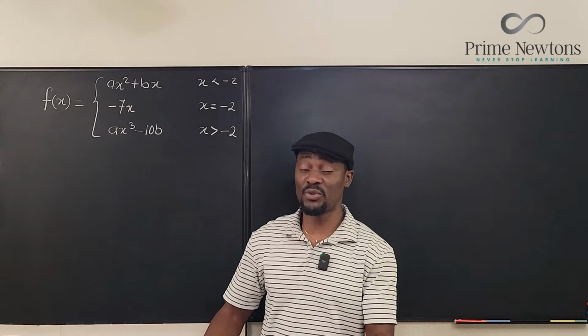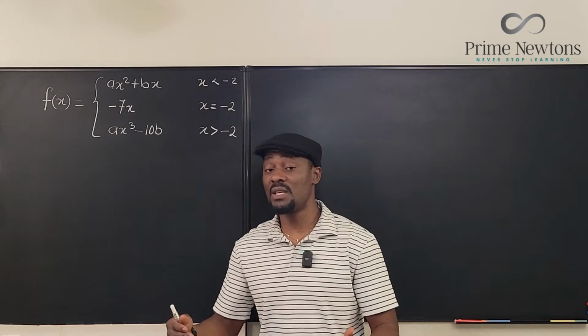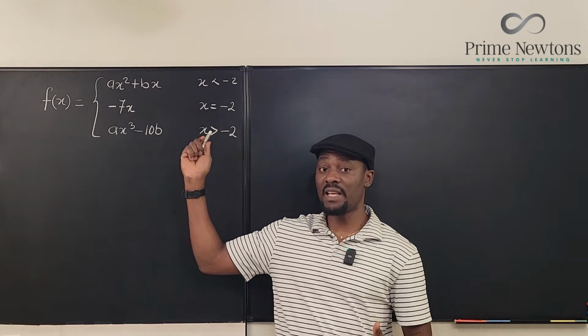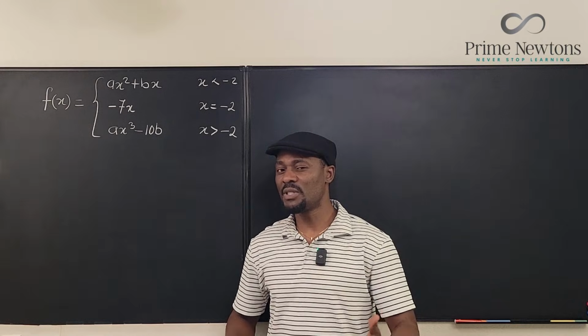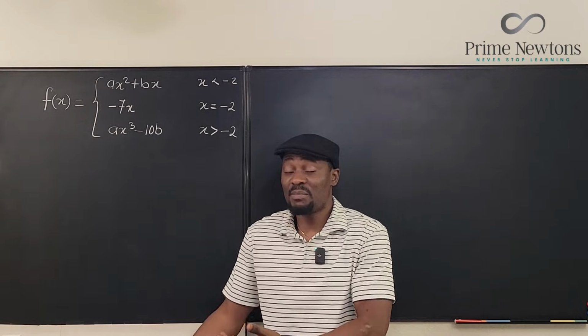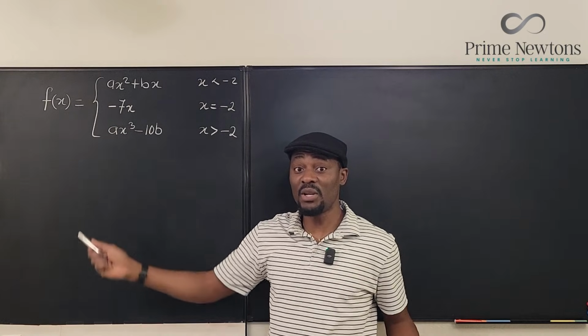Typically, that's not how the question would be framed. It would be framed as, find the values of a and b if the function is continuous at -2. But why would we say continuous everywhere? Well, this is a nice case because every piece, every branch of f of x is a polynomial.